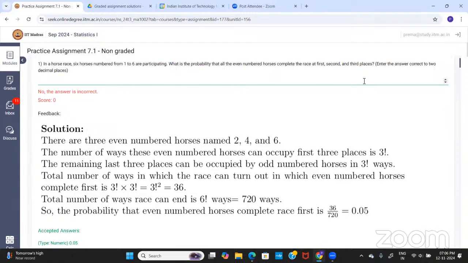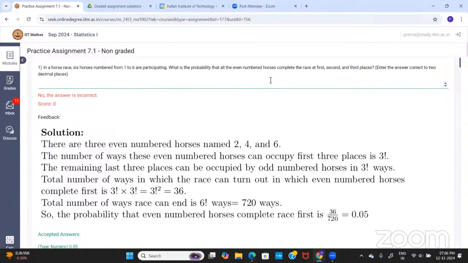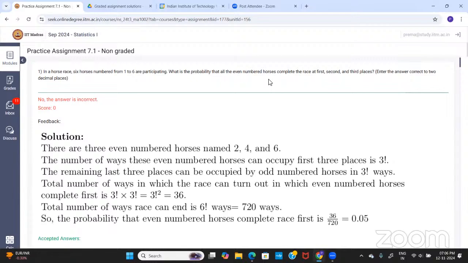Why for the other three places? In the question, they're only asking about the even numbers, so why are we calculating for the other three places also?